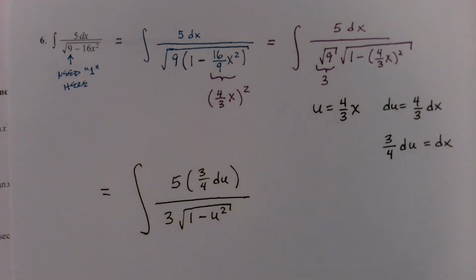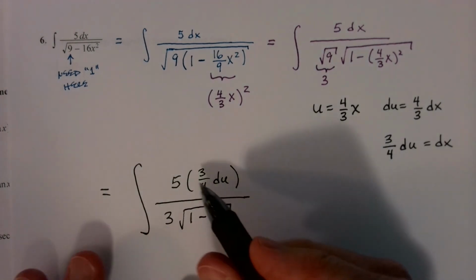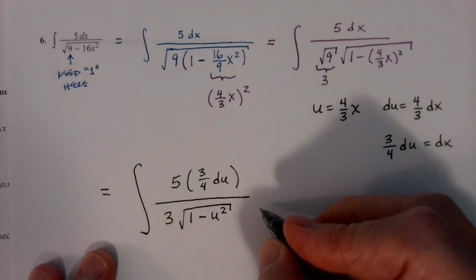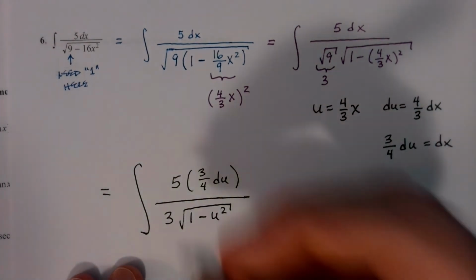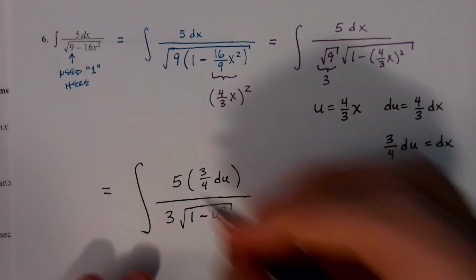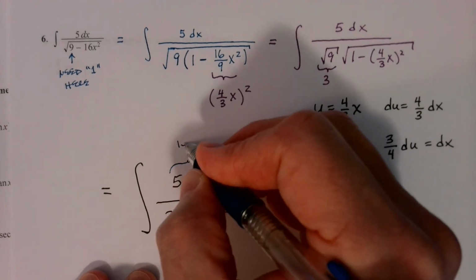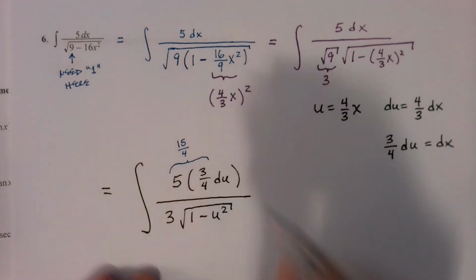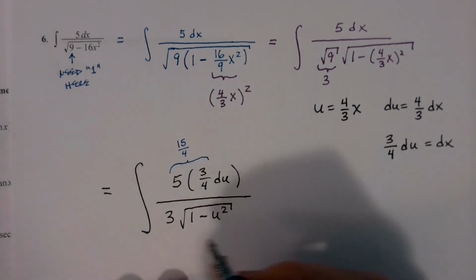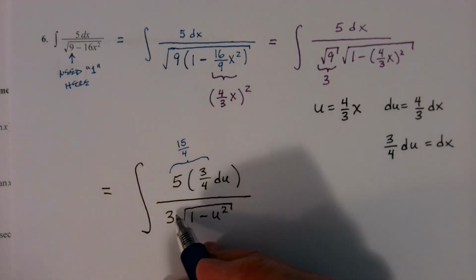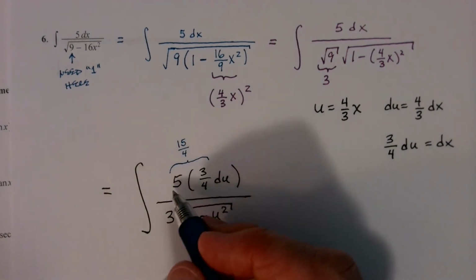Okay, 1 minus u squared. And I can clean all this up here. Notice up top here, 5 times the 3/4, that is going to be 15/4, right? 15/4. And I'm dividing 15/4 by 3, and that's all a constant, so I can pull that out.